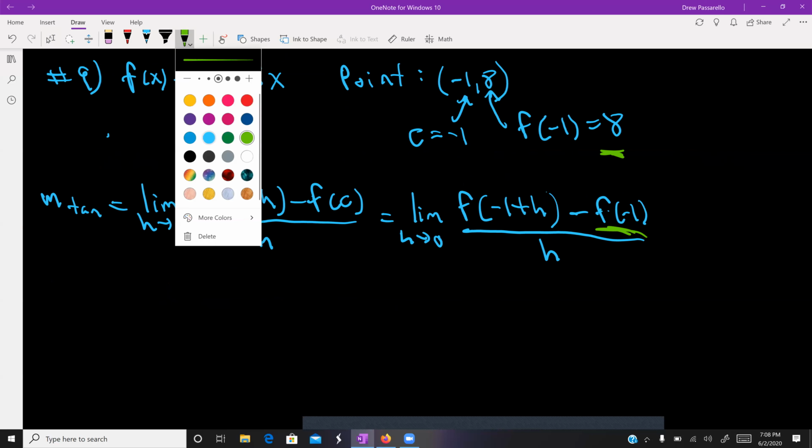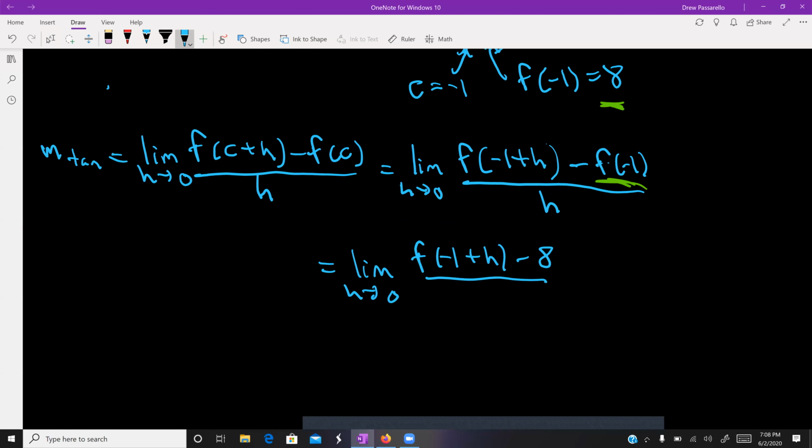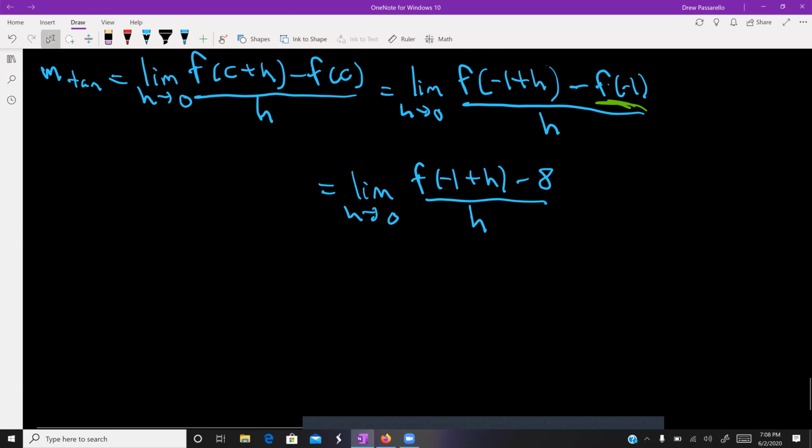So this is the limit as h goes to 0 of f of negative 1 plus h minus 8, since f of negative 1 is 8. That's given to us by the point, over h. So now I need to find what f of negative 1 plus h is.